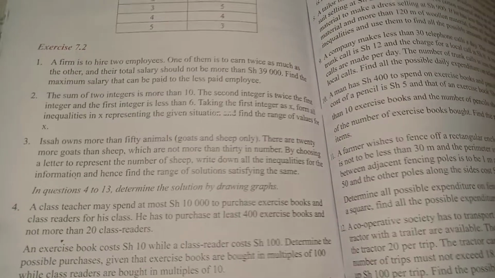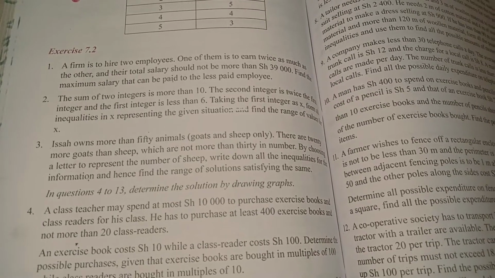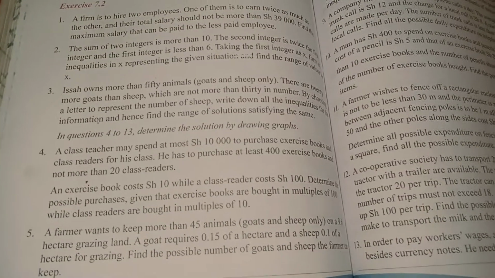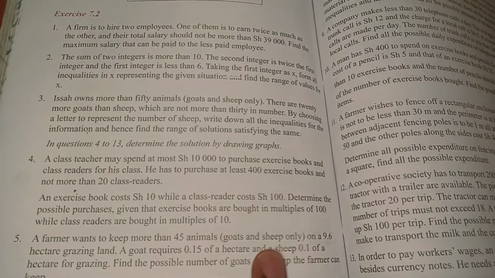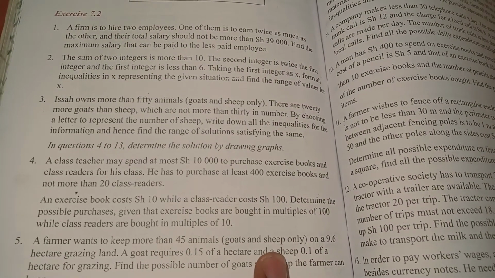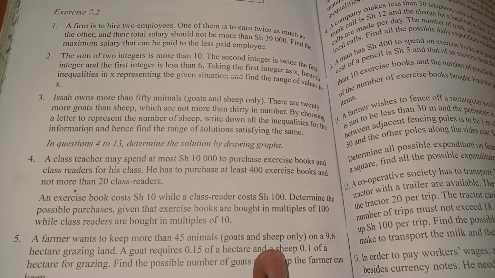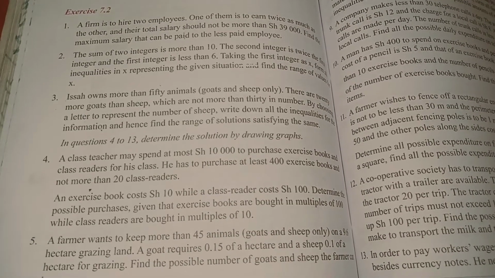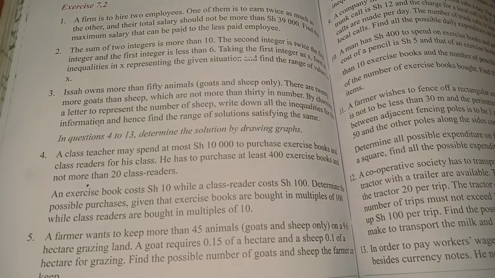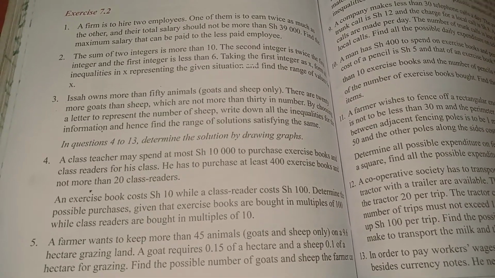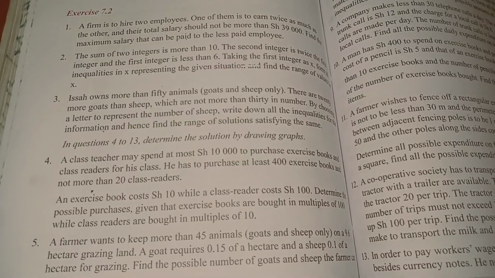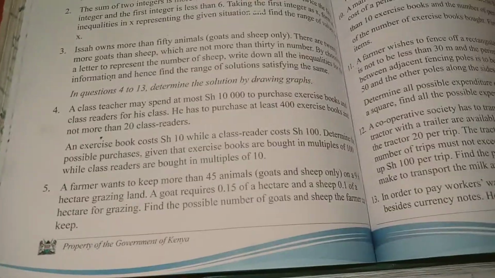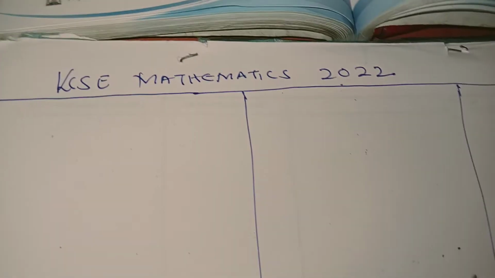Okay, so the first thing that we need to do is to imagine that we have the salary for the person who is earning the smaller amount, and then from there we can come up with an inequality that will allow us to get the maximum amount that the less paid employee gets. So let's get to the solution tab here.